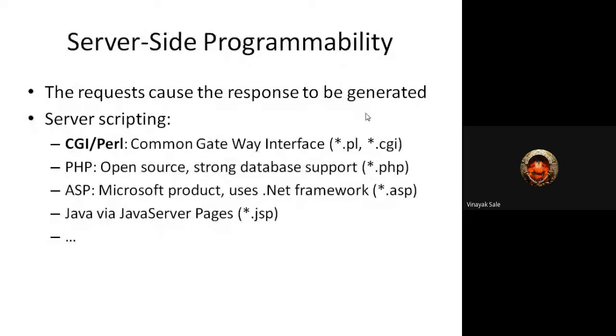C language. Similarly here, .cgi is the extension for Common Gateway Interface, and .php is the extension for PHP. Okay. Are you getting it or not? Yes, sir.